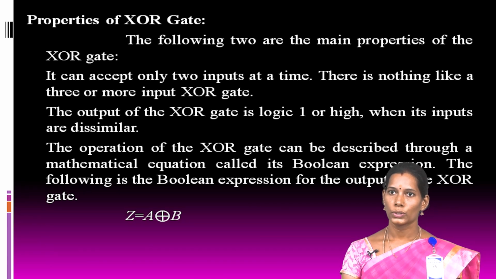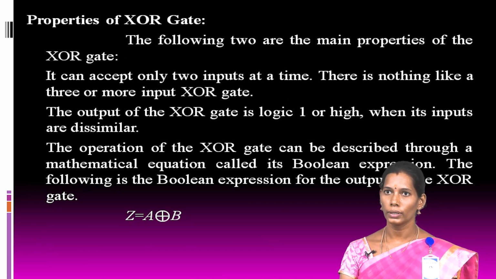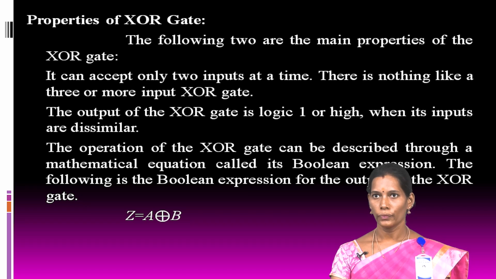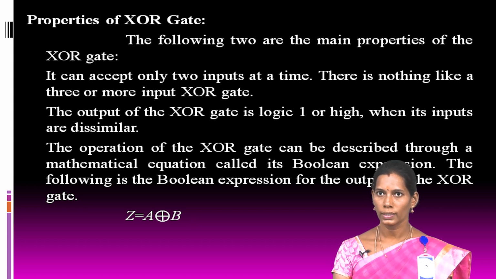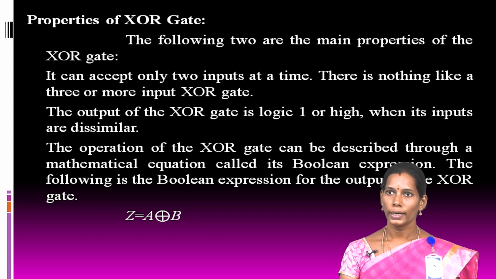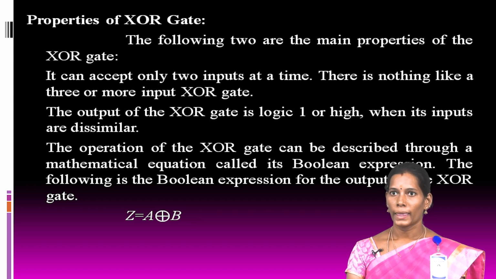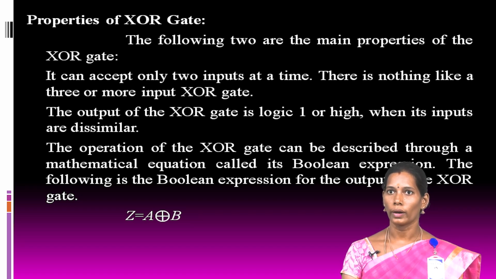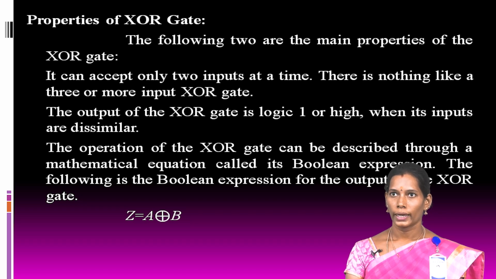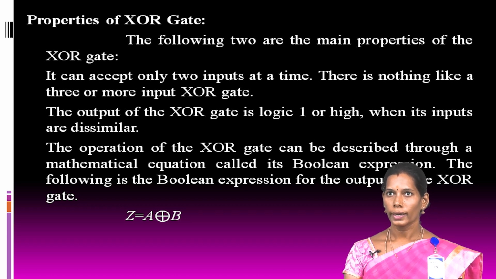Properties of XOR gate. The following are the two main properties of XOR gate. First one is it can accept only two inputs at a time. There is nothing like a 3 or more input XOR gate. Second one, the output of the XOR gate is logic 1 or high when its inputs are dissimilar.